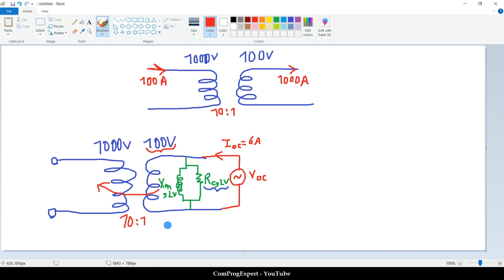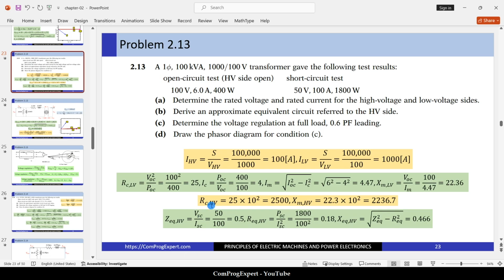So XM referred to the high voltage side is XM low voltage times 10 divided by 1 to the power 2, that is 100. So here we can multiply the equivalent core resistance and the magnetizing reactance by 100 to calculate the corresponding values referred to the high voltage side.